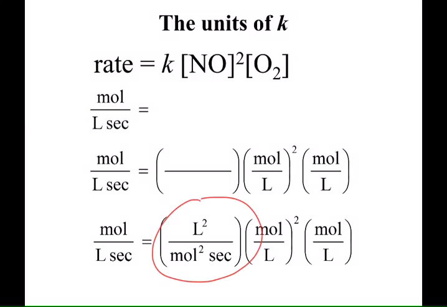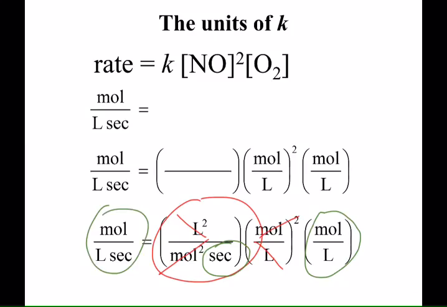Because mole squared in the denominator of K will cancel that mole squared. Liters squared in the numerator of K will cancel with these liters squared, and you're left with units of moles per liter, and also in the denominator, seconds.